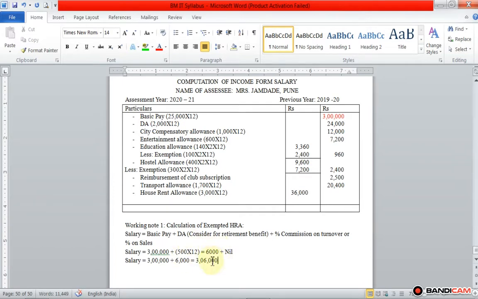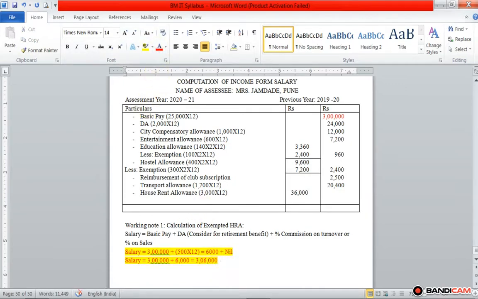So here we computed the salary for computation of exempted HRA, that is amounted to rupees 3,06,000 is the salary.